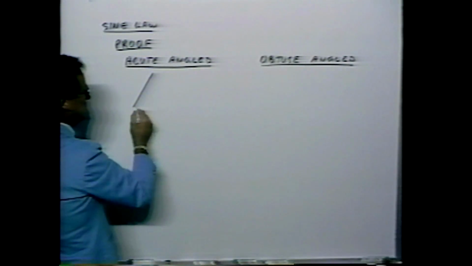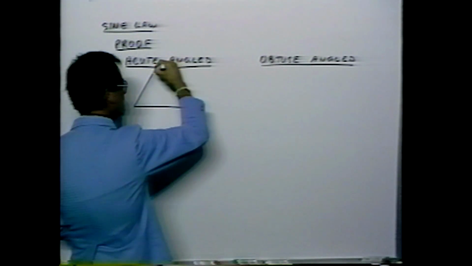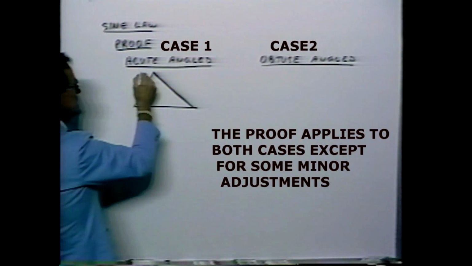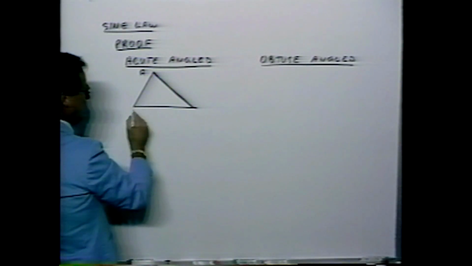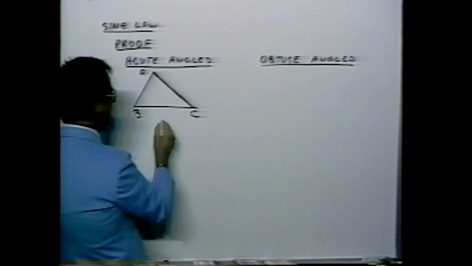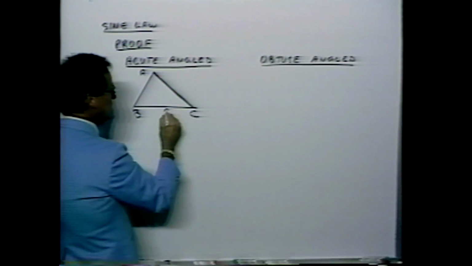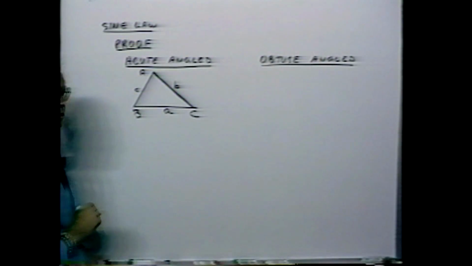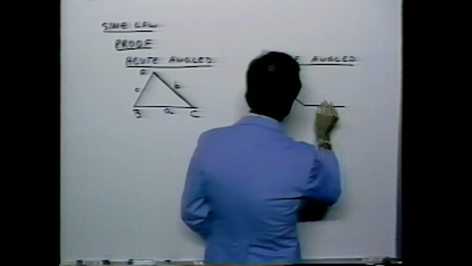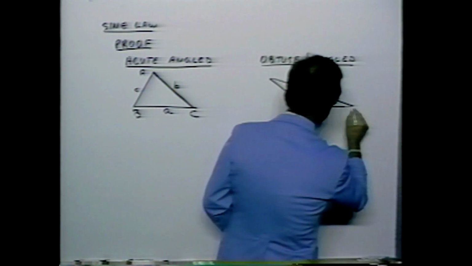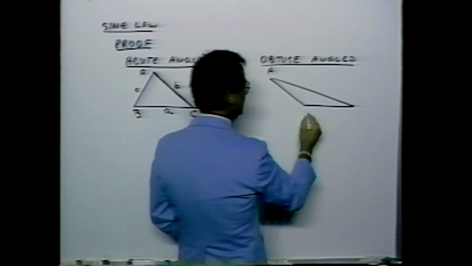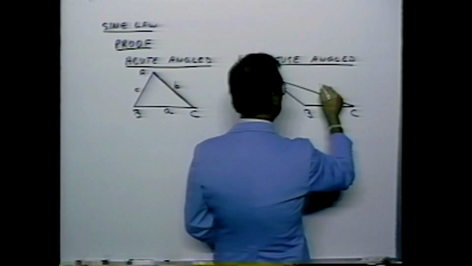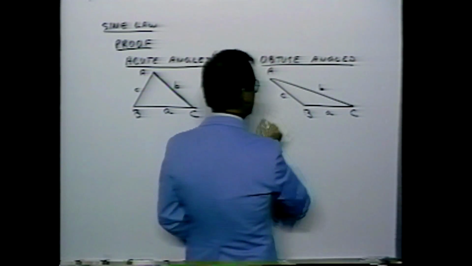So we will construct, we'll refer to this as triangle ABC, and hence this side is small a, this side is small b, and this side is small c. Similarly, ABC, and small a is there, small b is there, and small c is there.